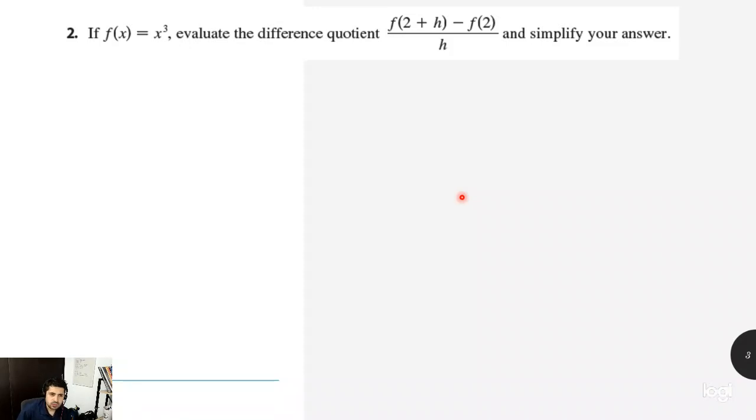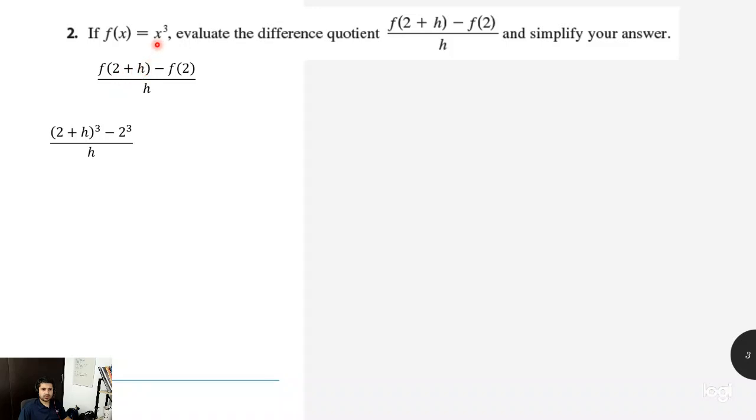Then we have this one. If f(x) is equal to x cubed, evaluate the difference quotient (f(2+h) - f(2)) over h and simplify your answer. The trick here is to replace x with 2 plus h.